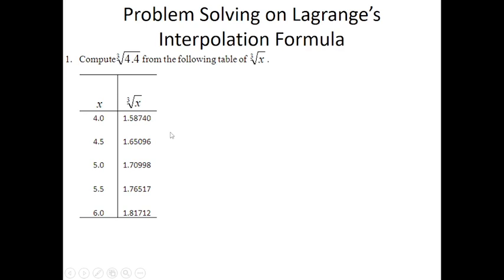So if we have 4.4, what's the corresponding cube root of x value? Suppose we don't have a calculator, so we can solve the problem using the Lagrange interpolation formula. So cube root of x now is approximated by a polynomial function.